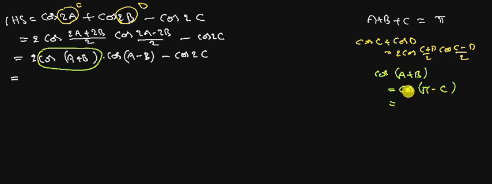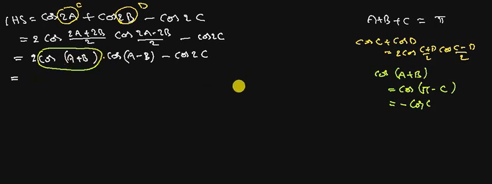In the second quadrant, cos is negative. Since the angle is pi, there is no change in the trigonometric function, so cos stays cos, and the angle is c. That means cos of a plus b is minus cos c. Here I am substituting this value. In your examination, you can do the same thing here as rough work.